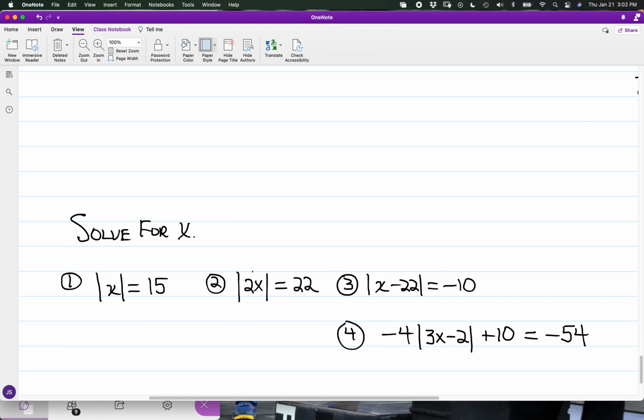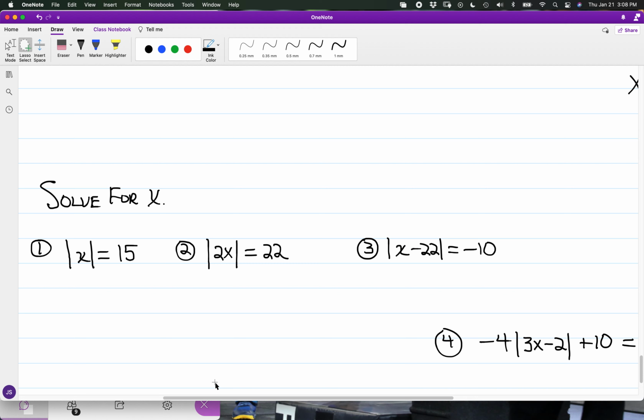Okay, so for the next few moments, let's see what we get for x among these four absolute value equations. Among these four problems, we're looking at seeing if we have any solutions for x, and if there are, we're to identify them. We have at the start, the first item, the absolute value of x is equal to 15, and so we have k represented by 15, which is a non-negative number, so we are going to have solutions for x.